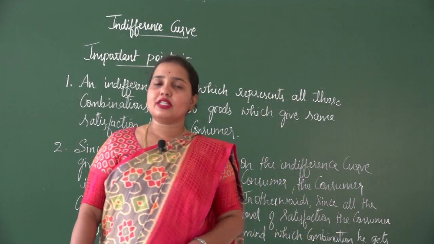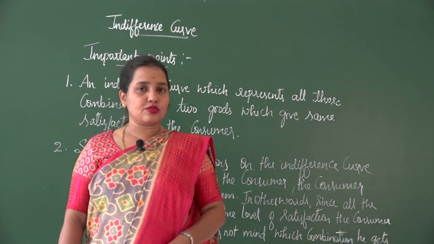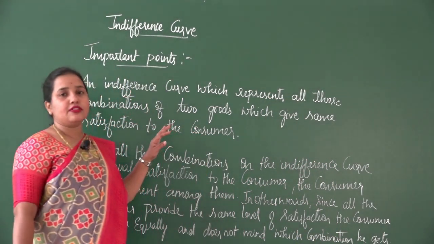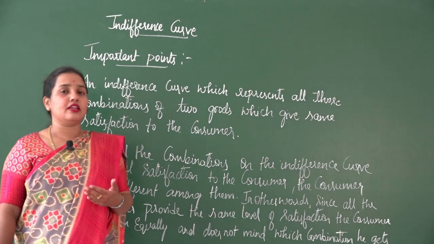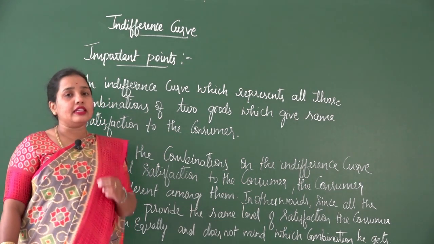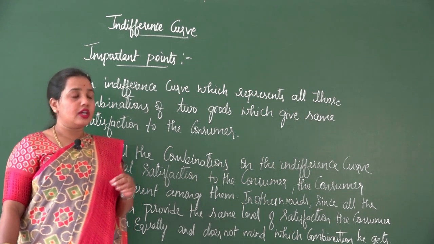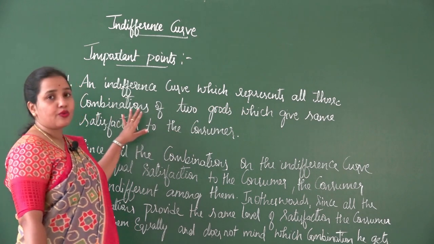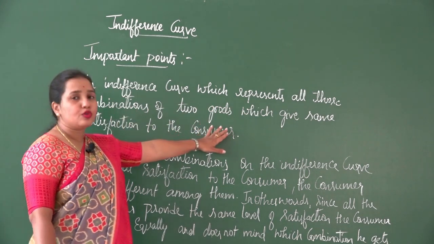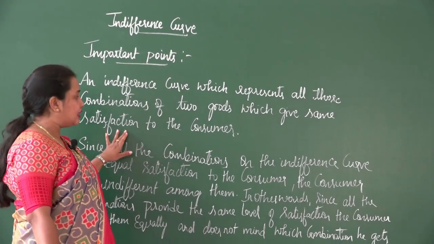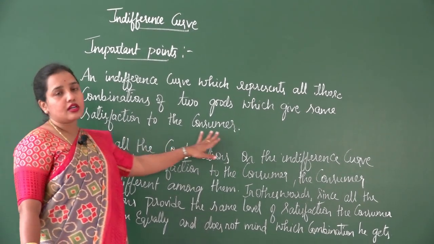Now, let us see the important points that we have understood in the indifference curve. When I started explaining the meaning of the indifference curve, I mentioned that an indifference curve is a curve on a graph which represents the various combinations of 2 goods which give the same satisfaction or utility to the consumer.